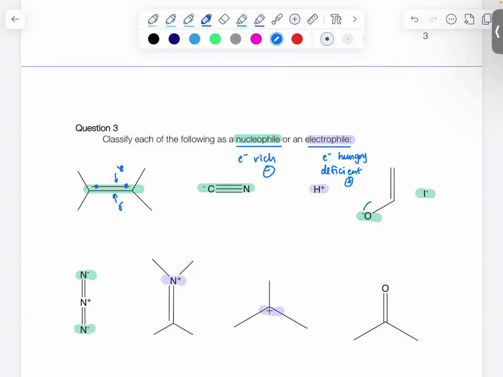But this structure here has a resonance form that we can draw as this, that shows that not only is the oxygen nucleophilic, but that terminal carbon is also nucleophilic.